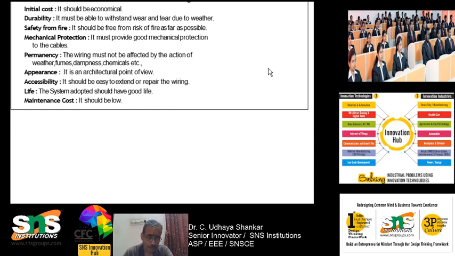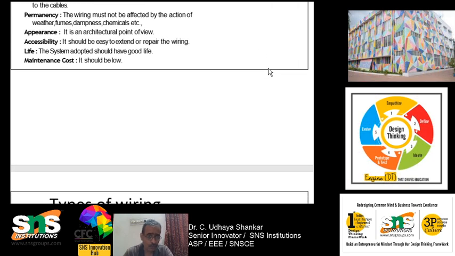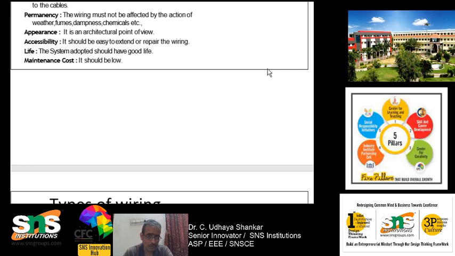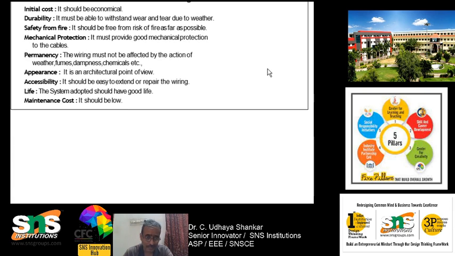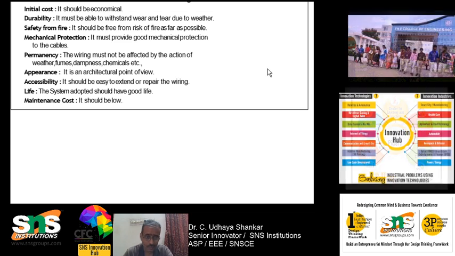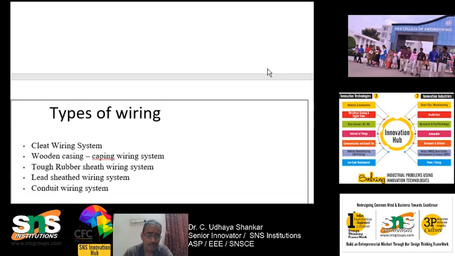Mechanical protection should also be good, and the wiring should not be affected by weather, fumes, dampness, and chemicals, and it should have an aesthetic look. From the architectural point of view, it should have a good appearance, which is also very important. As well, the accessibility should be easy, life should be good, and maintenance costs should also be low. So these are the different points to be considered while selecting the wiring.